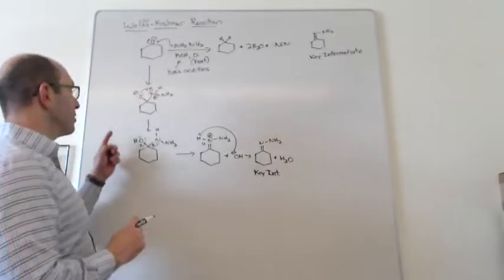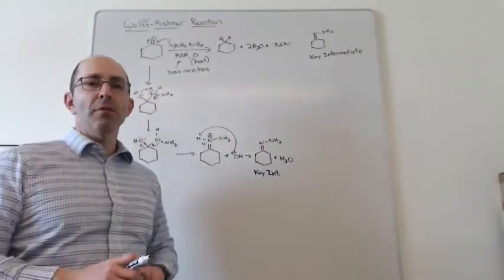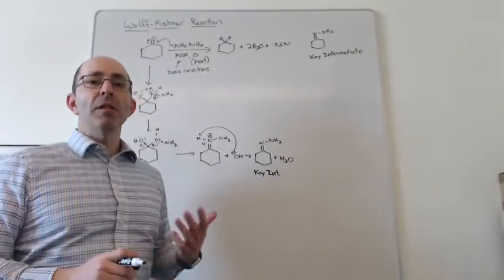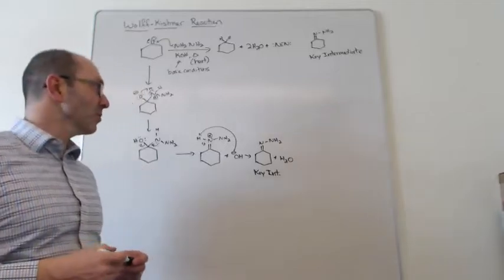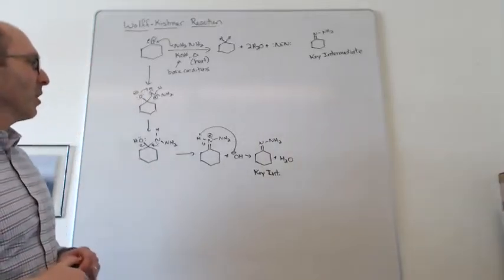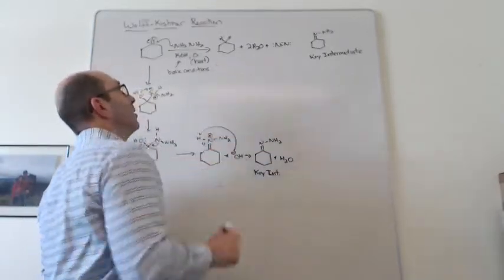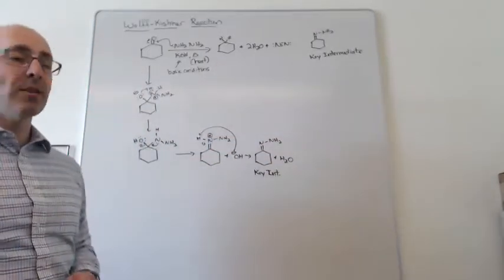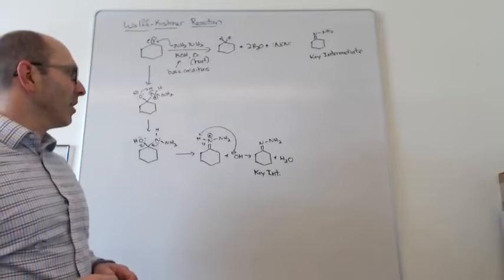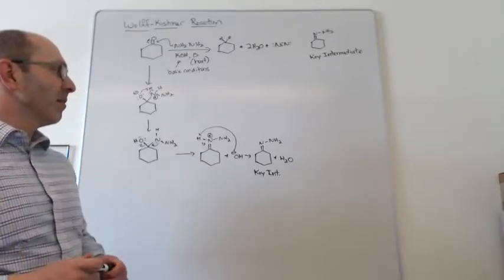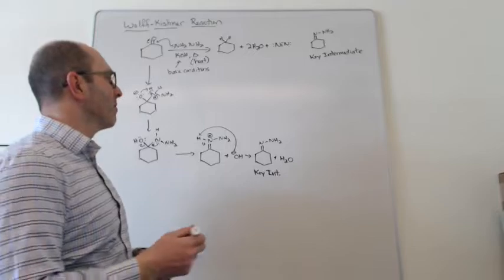Okay, so we formed our key intermediate. And again, all of this should look a lot like the chemistry that we've done to make imines and enamines and acetals and ketals and those sorts of things, right? And so the interesting question then is, how do we get from this key intermediate all the way up to the alkane, to cyclohexane? And that's where things get really fascinating. And so let's give it a shot, right?